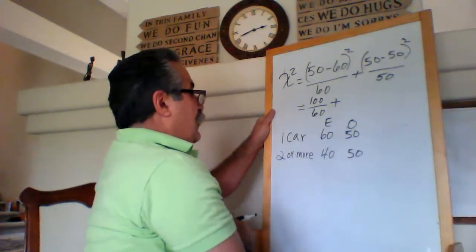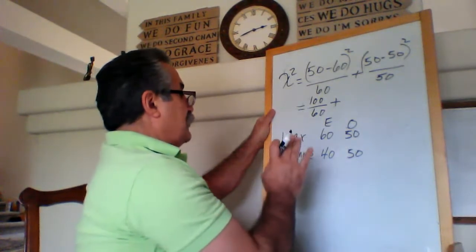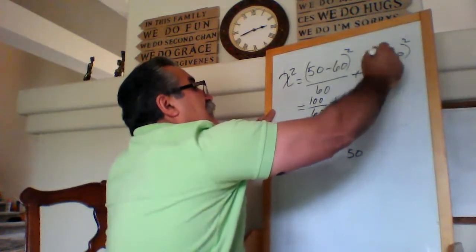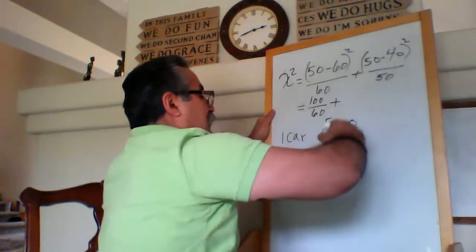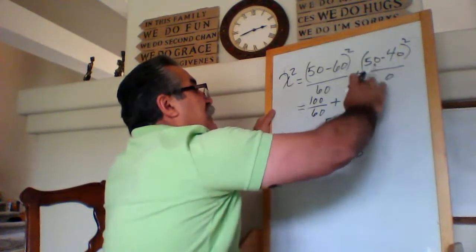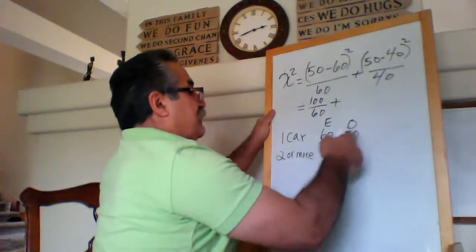Wait a minute. Sorry guys, 50 minus 40. 50 minus 40 divided by 40.